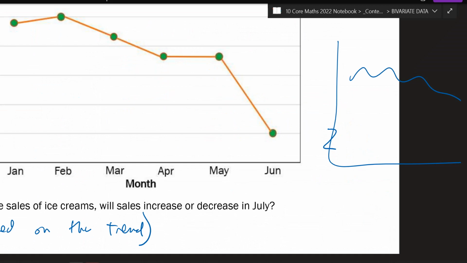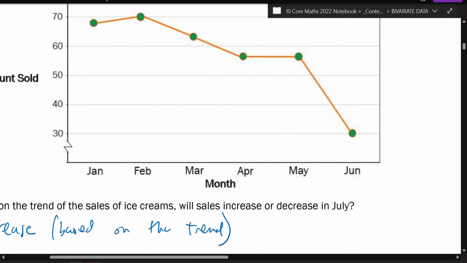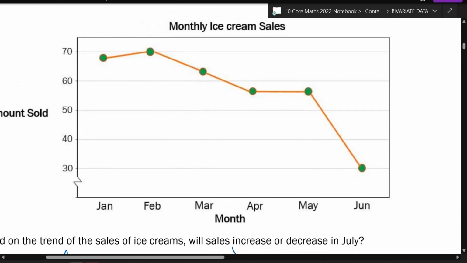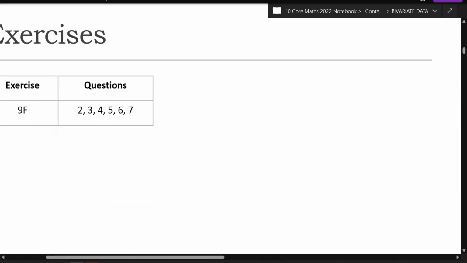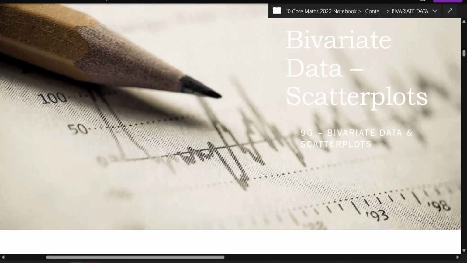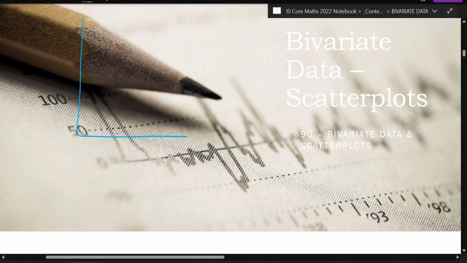There is no line in a scatter plot. In a time series graph, yes, put a line through your data that joins the dots. But in a normal bivariate data scatter plot, it's generally just a bunch of dots in a graph. So it might look something like this. There's an example of a scatter plot. That's what we're going to learn about today.